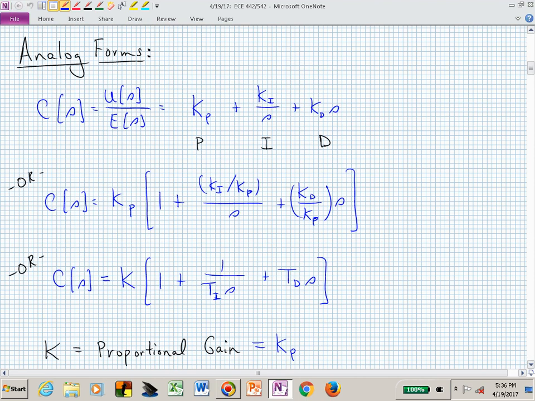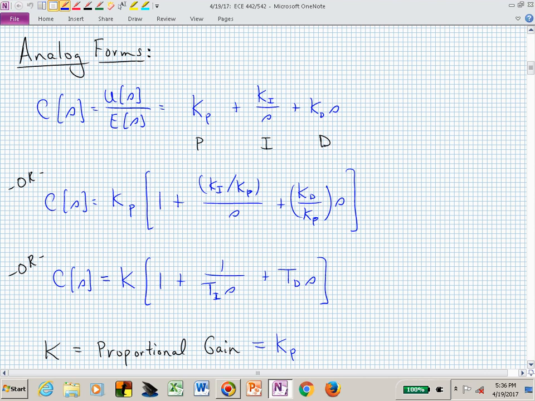Let's walk through how to connect the continuous time PID control structure into this discrete time structure. You might see a PID controller written in many different ways. The first way is very clear: the P, the I, the D. The next line just factors out a common gain from all of those terms.